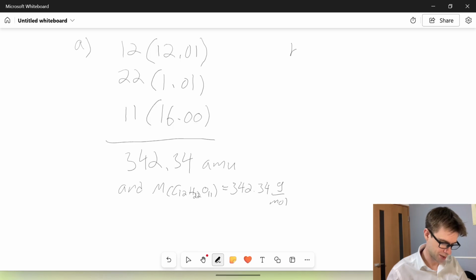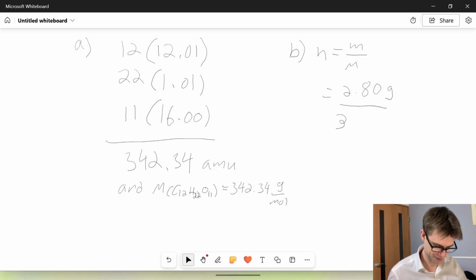B says a cube is 2.8 grams, and how many moles will that be? So we want to go back to our previous equation. Number of moles equals mass over molar mass. And we will use 2.80 grams divided by the number we just calculated, 342.34 gram per mole.